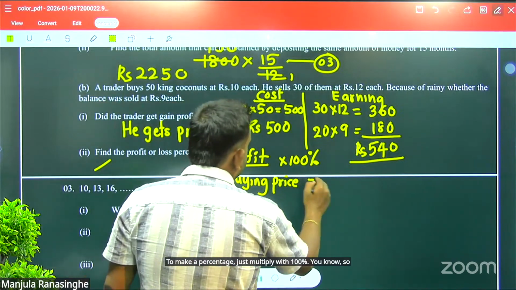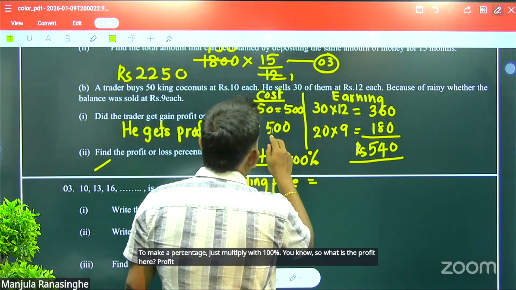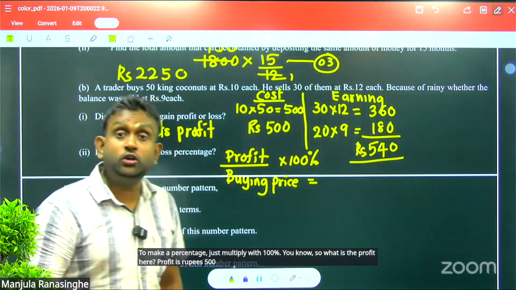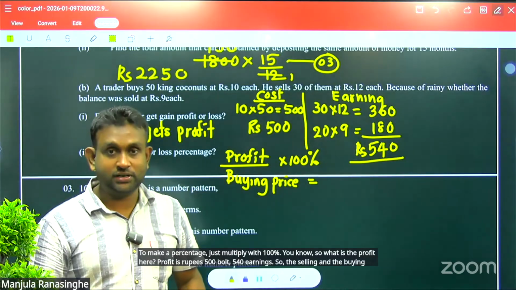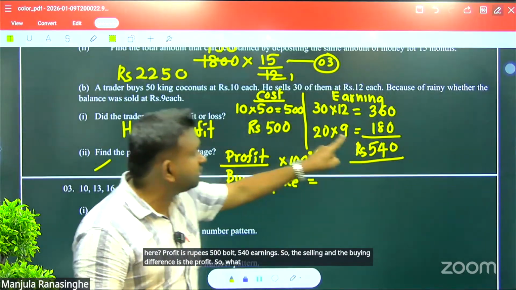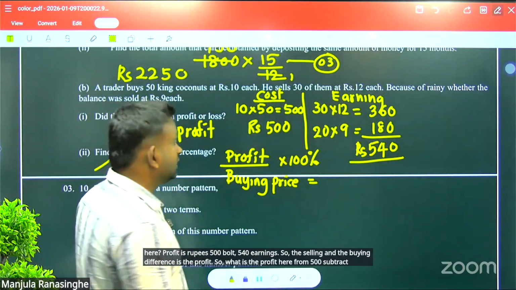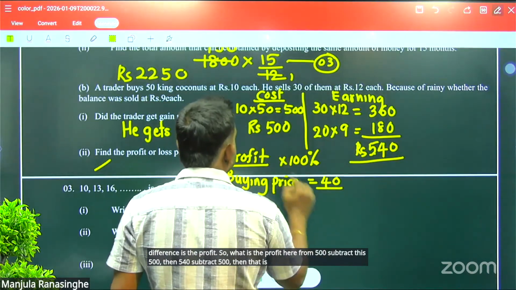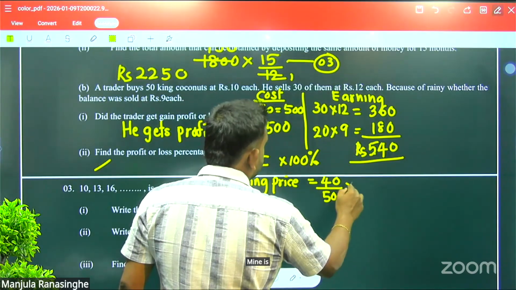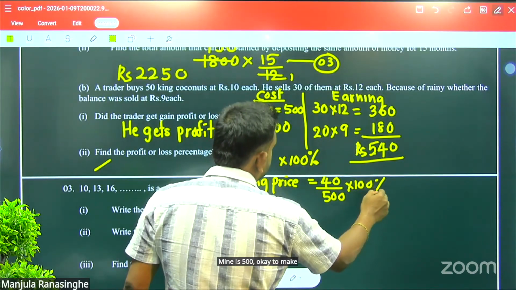So what is the profit here? Rupees 500 bought, 540 earnings. The difference between selling and buying is the profit. From 540 subtract 500, that is 40 rupees. Divide by the buying price, 500. To make a percentage, multiply with 100%.